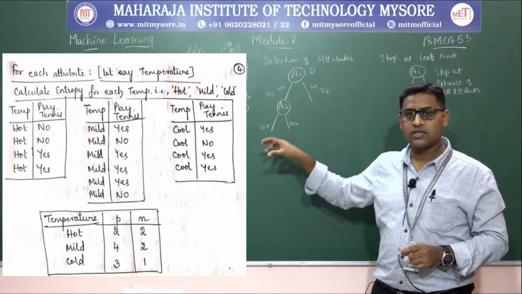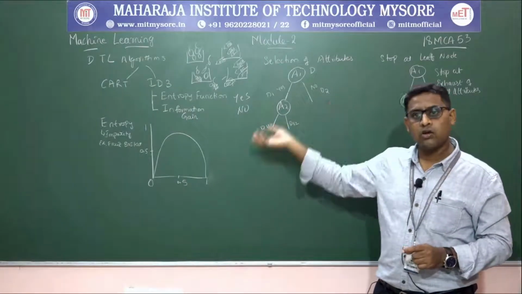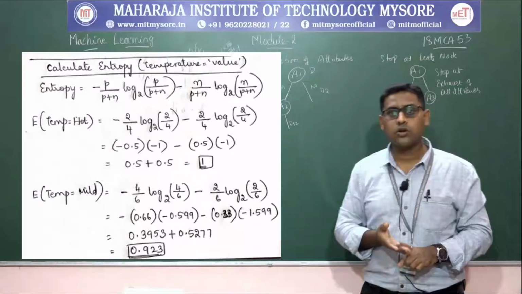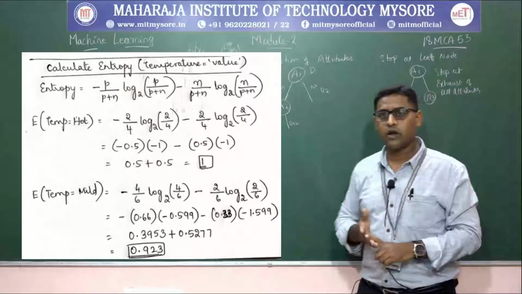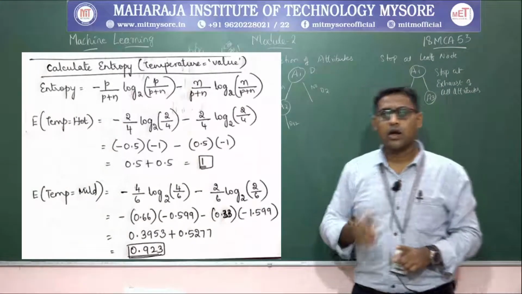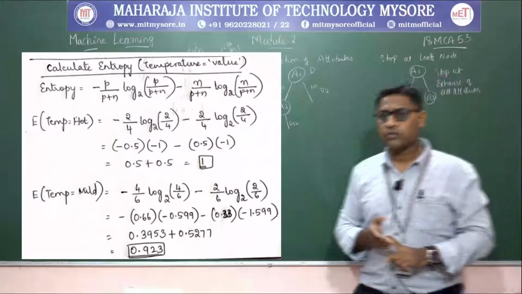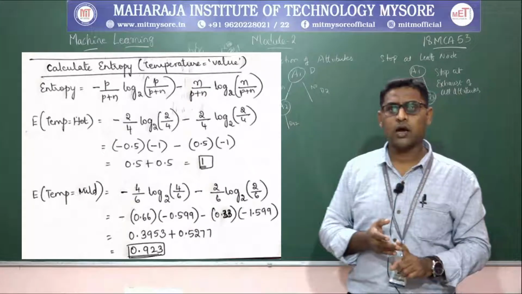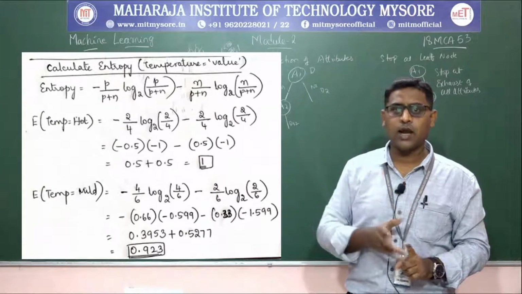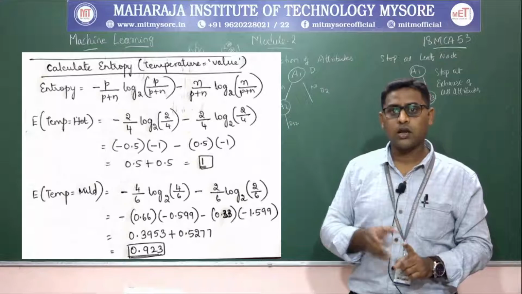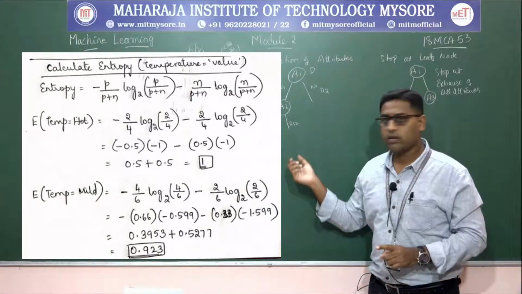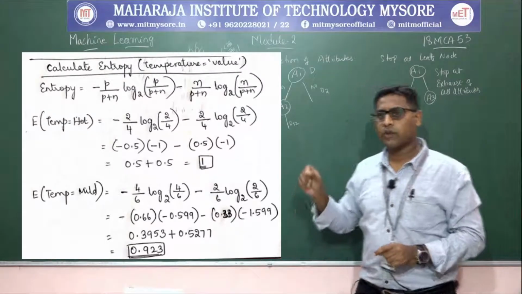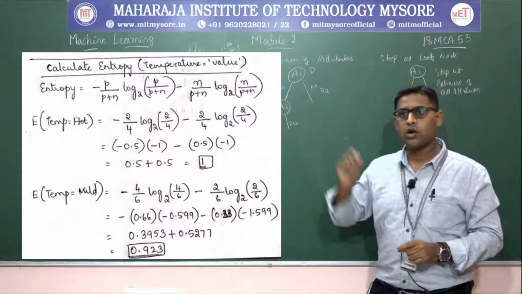So now using these table values of p and n, you apply the entropy formula again, right? When you substitute the values in that entropy formula, you will get 1 for the attribute hot, because you are substituting minus 2 by 4 log base 2 of 2 by 4 minus 2 by 4 log base 2 of 2 by 4.